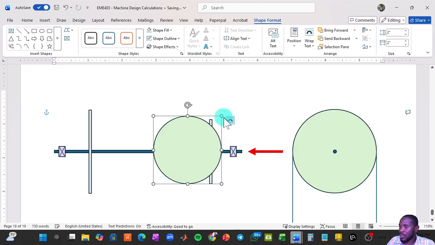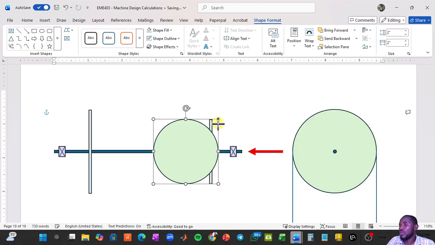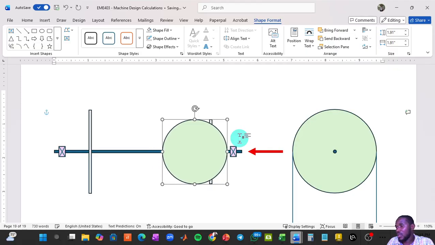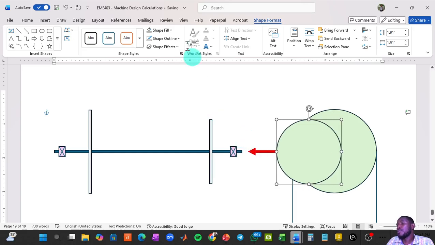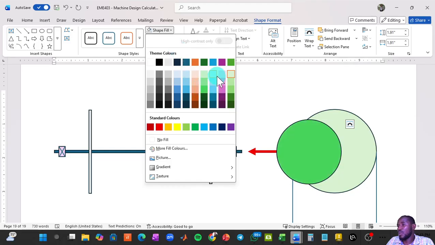Okay, and this one too should come down like so. Great, let's bring that down a bit. I'll give it a different color so that we can easily see.